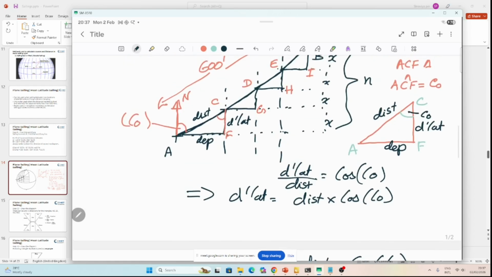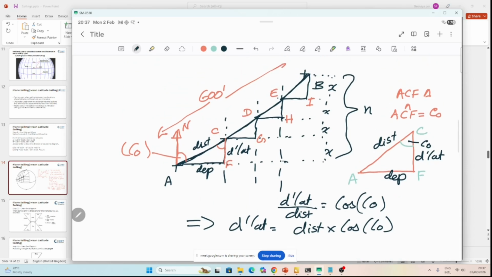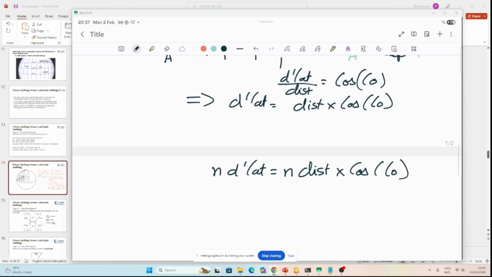But now you can see n times dlat means the total dlat between A and B. Because I have divided into 4 parts, n times dlat means 4 times dlat, which is the dlat between A and B, right?